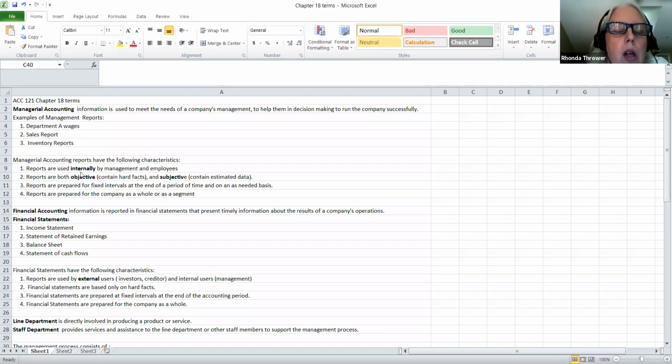First of all, the reports are prepared for internal users of accounting information. Those internal users would be management or maybe the employees that are working for the company. They might be interested in managerial accounting reports.